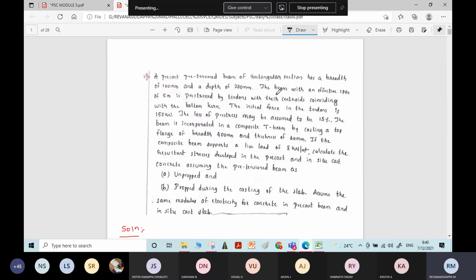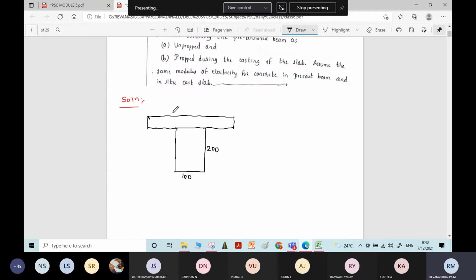Then it is said that the effective span is 5 meter. That means the length of the composite section is 5 meter.